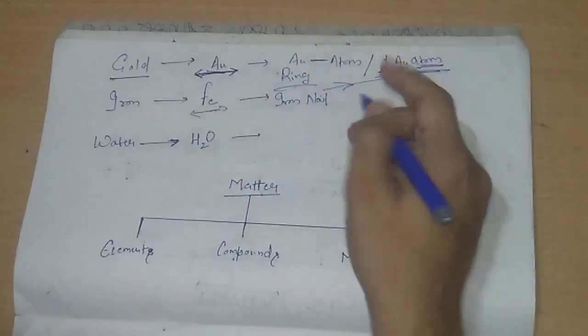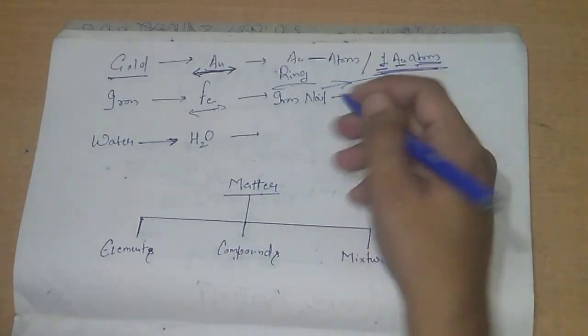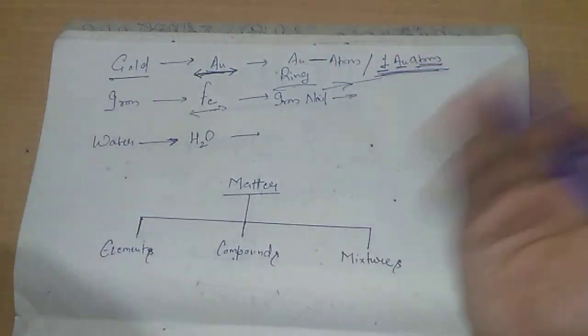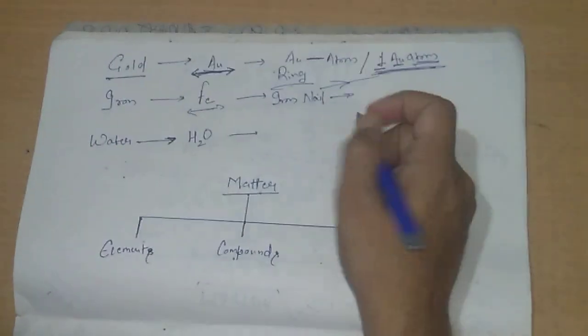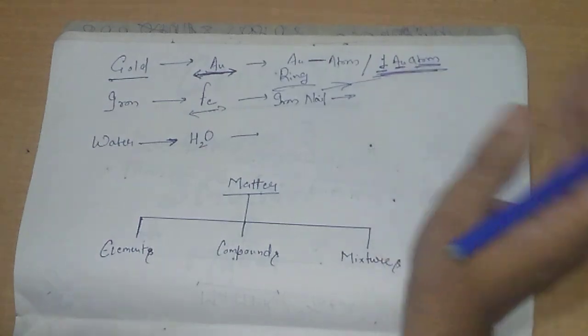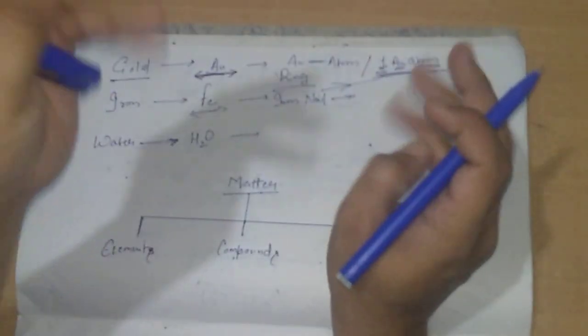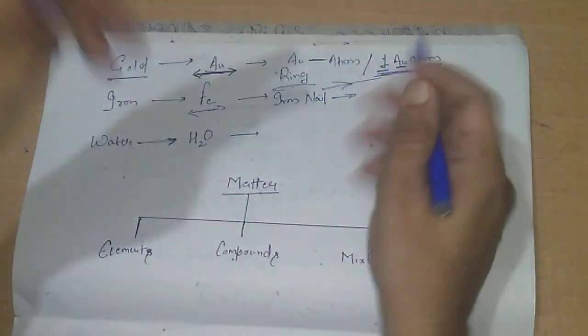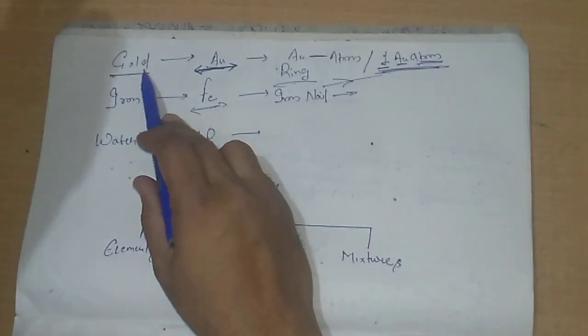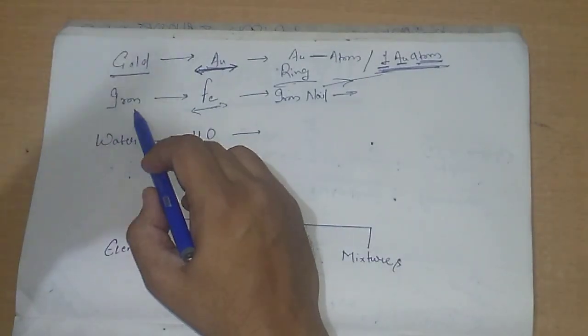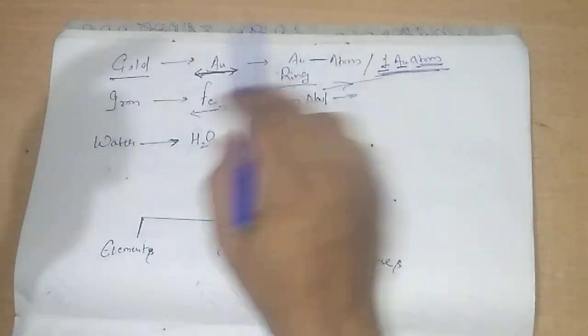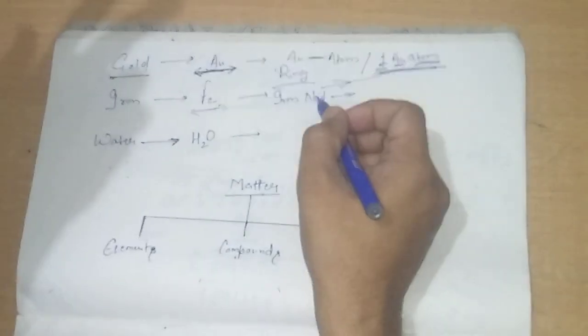The iron nail is also composed of a huge number of atoms, a huge number of small particles. When these small particles combine together, they form gold as a metal or iron as a metal, and we can mold gold into a ring or iron into a nail.